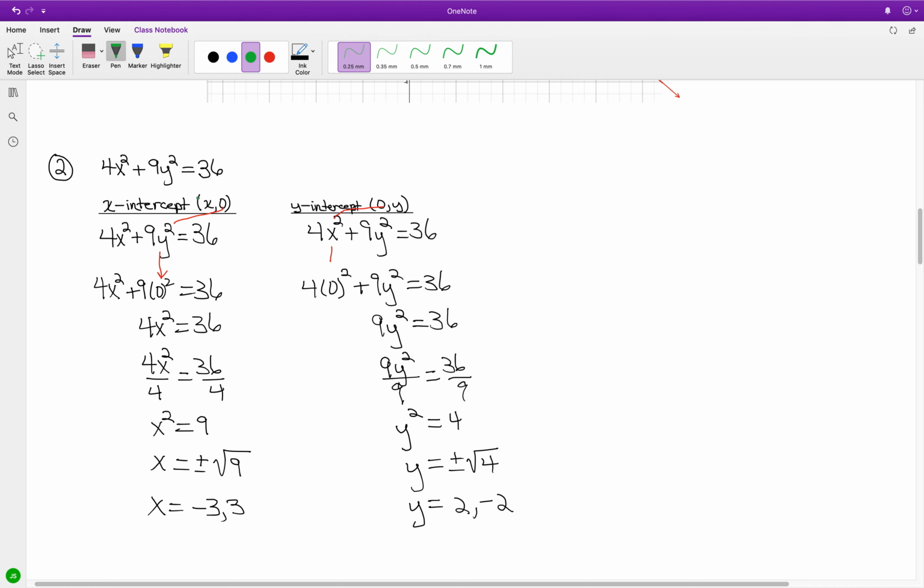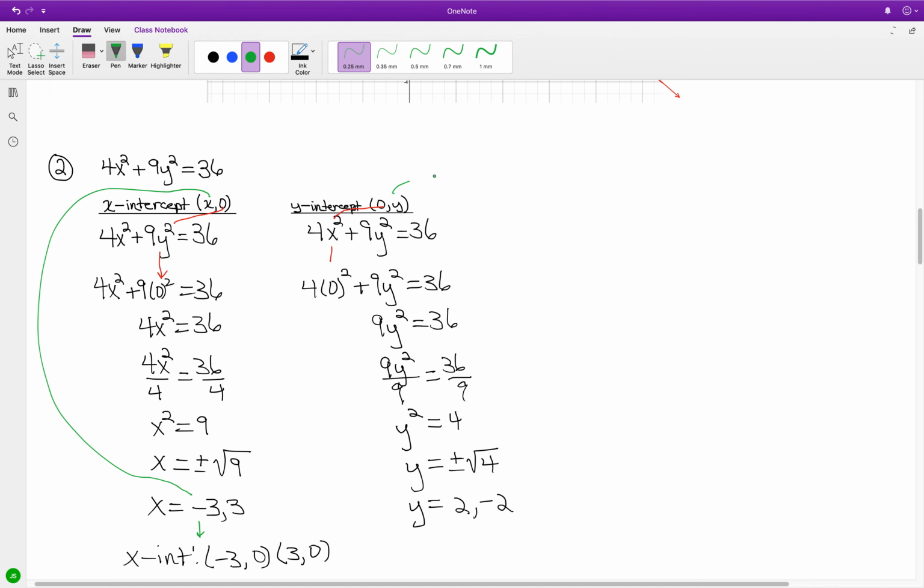Taking what we have for x, for the determination of the x-intercepts, we have 2 intercepts on the x-axis, one at (-3, 0) and the other at (3, 0).